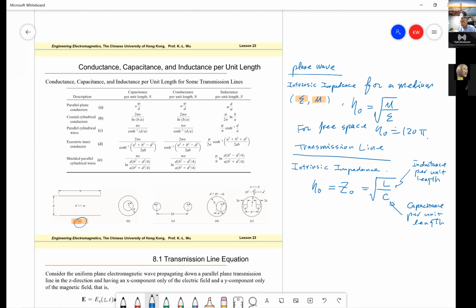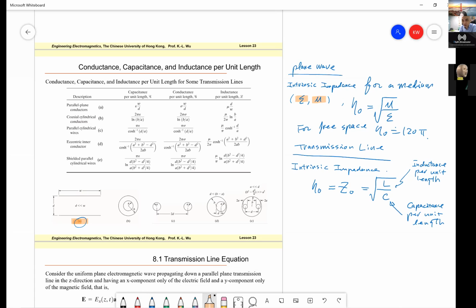Those values, L and C, we're not talking about a lossy case, so we don't discuss the conductance, okay? But that also can be obtained mathematically. Those parameters can be determined by electromagnetic analysis. I suppose we should have learned something in engineering physics, but I don't know if you have had a chance to learn that or not. But that can be obtained.